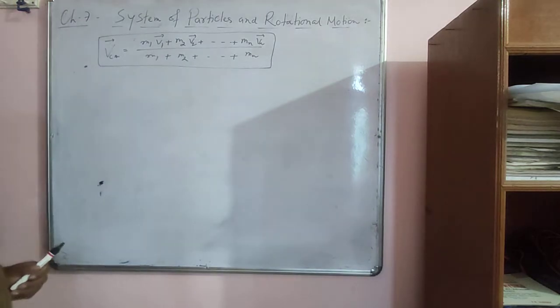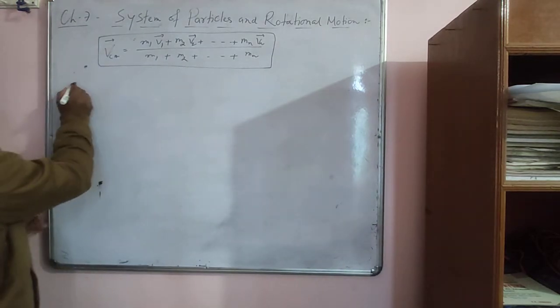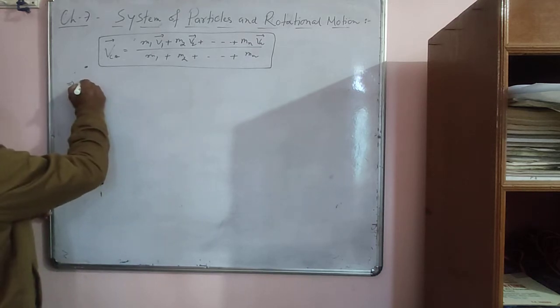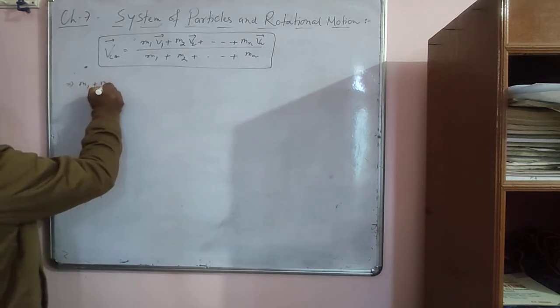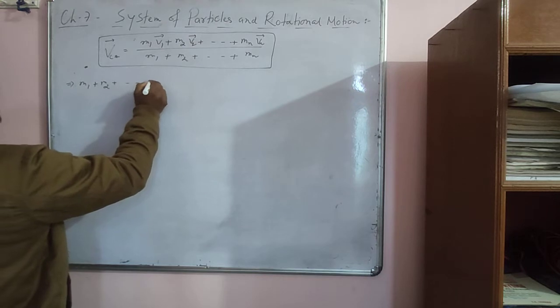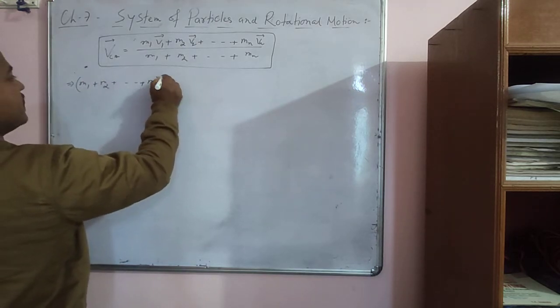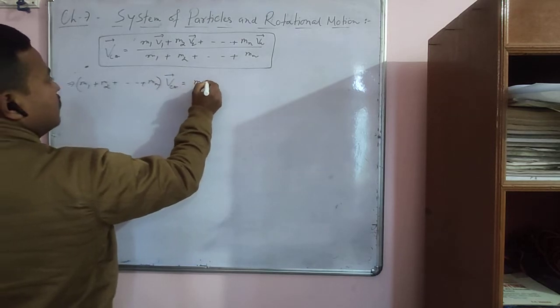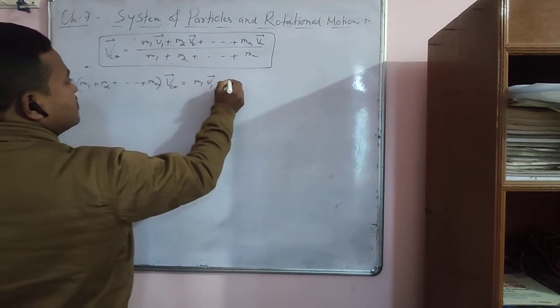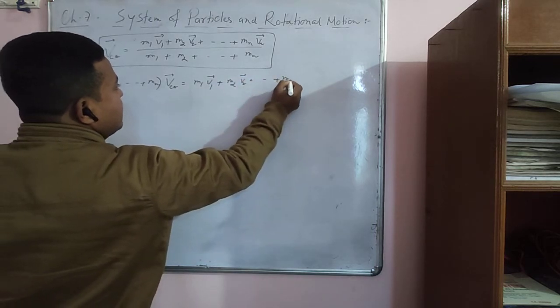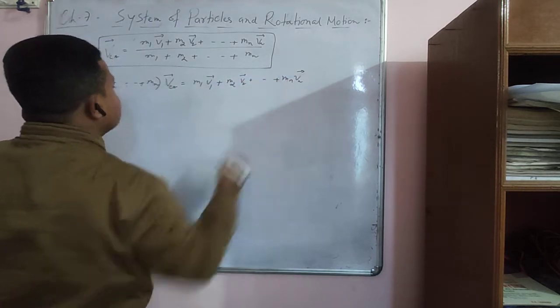Now from this relation we can extend it. You can write M1 plus M2 up to Mn into VCM equal to M1 V1 plus M2 V2 up to Mn Vn.